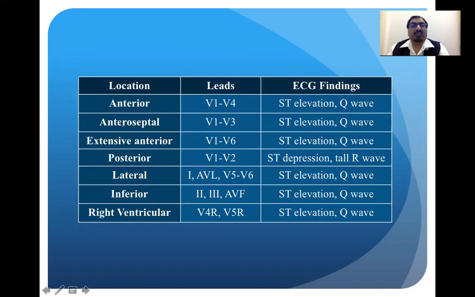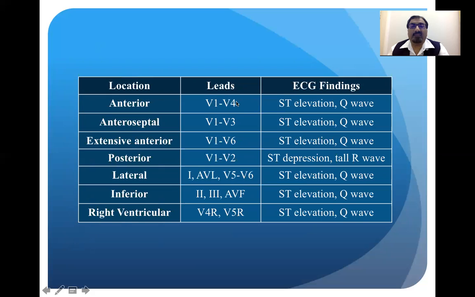Some of the leads which you have to remember, to know whether it is suggestive of anterior lead involvement or anteroseptal involvement, what are the leads involved, extensive anterior, posterior leads, lateral wall infarction, inferior wall, or right ventricular infarction. So these are some of the things you need to remember.